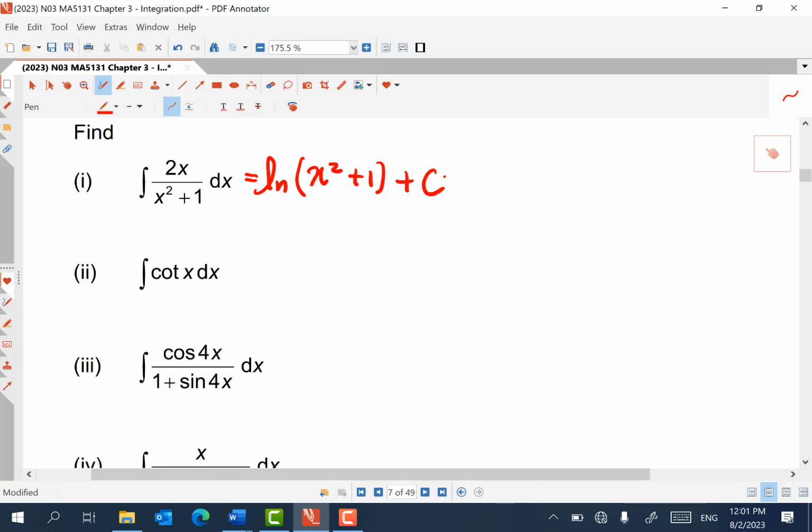Right. Jun Xiao, press on. Cotangent is actually cos over sine, is it? For this case, part 1, the modulus is optional because x squared plus 1 is already positive. Yep. Jun Xiao. What is it?